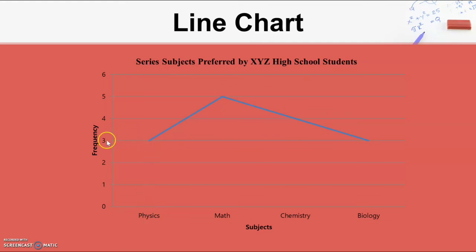Physics favored by 3 students, math favored by 5 students, chemistry favored by 4 students, and biology favored by 3 students. And for the last step, we draw a line in sequence from the points that have been adjusted to the data.